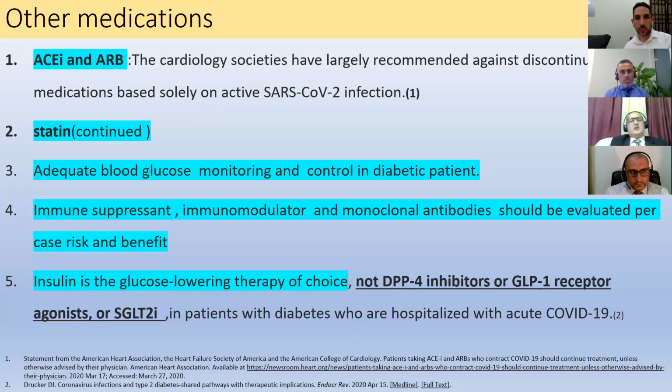What about other medications, especially for those who are hypertensive or have ischemic heart disease? ACE inhibitors and ARBs are recommended to continue by the American College of Cardiology and the American Heart Association.